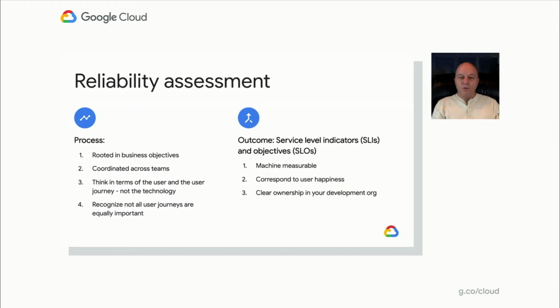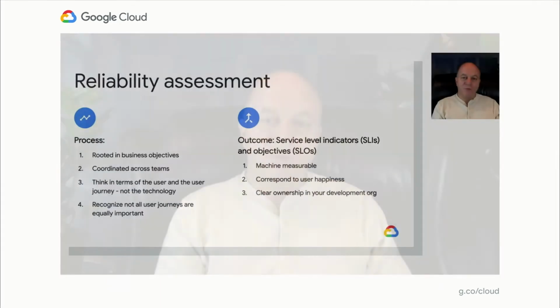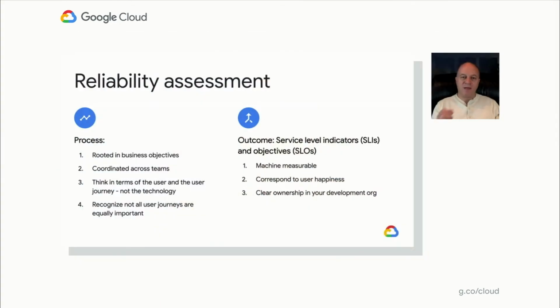In Google terms, we use something called SLIs, or service level indicators, as a way of measuring the end-to-end availability of a particular user activity. And we use SLOs, or service level objectives, as a term to describe the expectation for how those SLIs emerge in practice for our users.